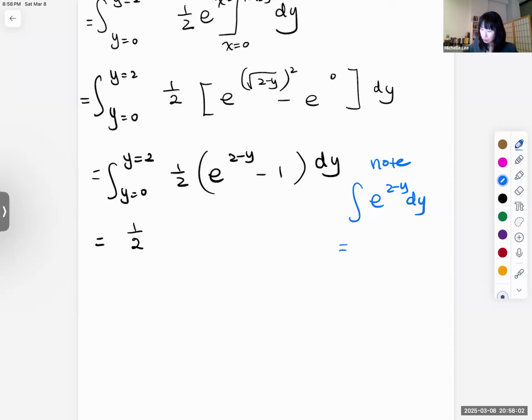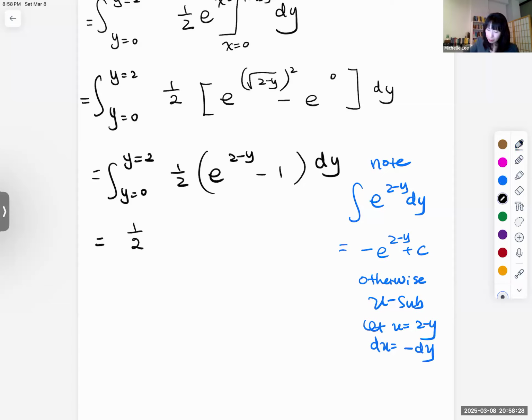So that would be negative e to the 2 minus y plus c, right? Okay, otherwise, you sub, let u equal to 2 minus y. What's the derivative? Negative dy, right? Okay, so that would be negative e to the 2 minus y.